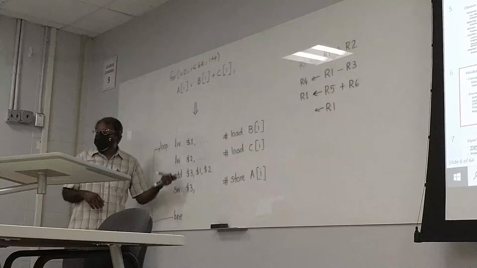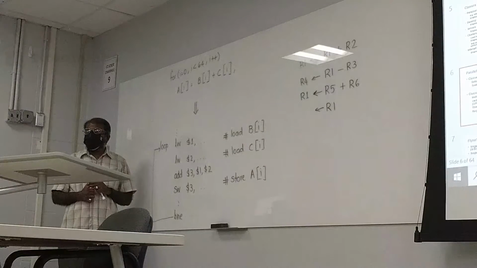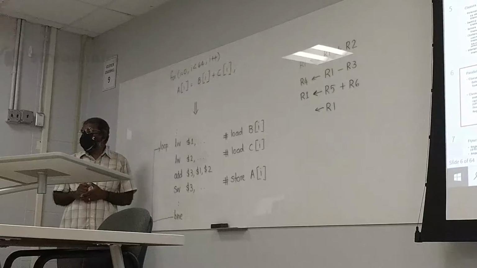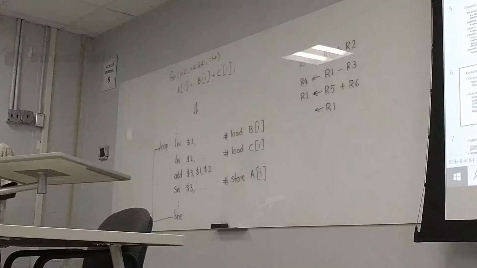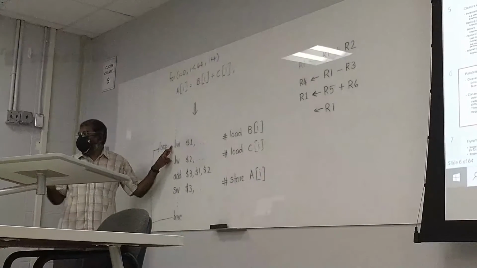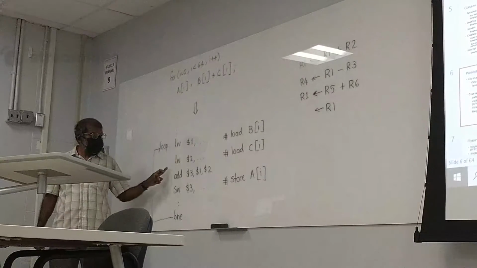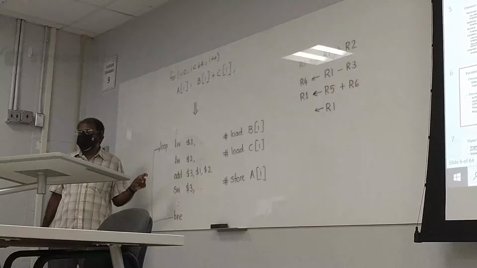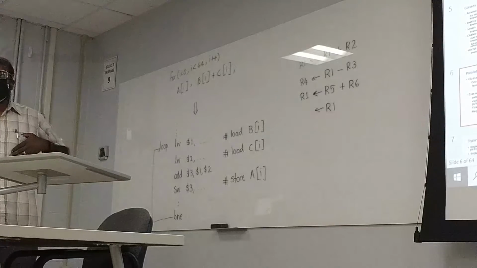Is there parallelism here? Yeah, both 1 and 2 at the same time. Yeah, you can do this. Anything else? Could you unroll the loop?